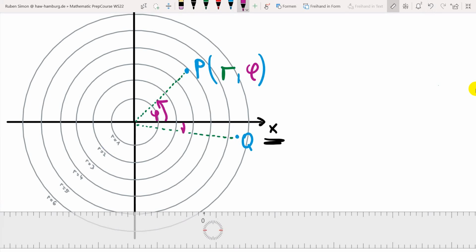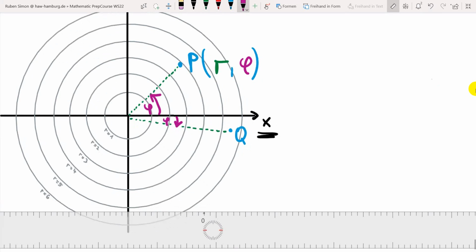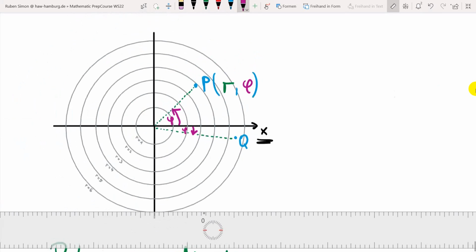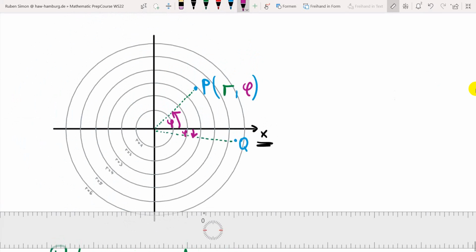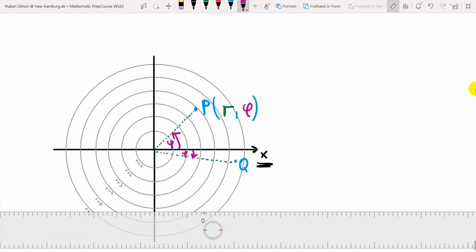There's an orientation of the angles, that's why I'm drawing them with this arrow. And now this is the angle phi. And whenever we are crossing the x-axis again at the back, we'll use the angle in order to say that it's orientated in this way.